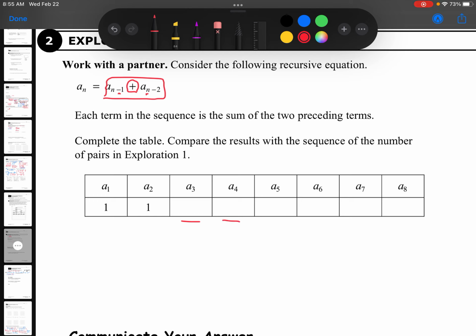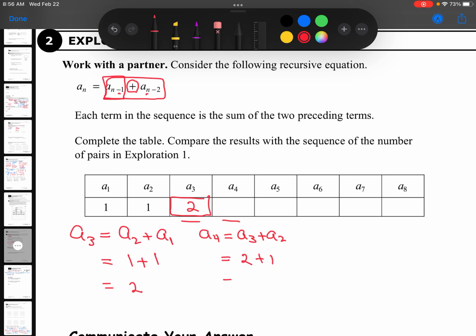Well, I am going to look at a sub 3, according to this, should be a sub n minus 1, which is a sub 2 plus a sub 1. In this case, a sub 3 is 1 plus 1. So there's a 2 here. Now, a4 should be a3 plus a2. So in this case, we would have 2 plus 1, and that's a 3.